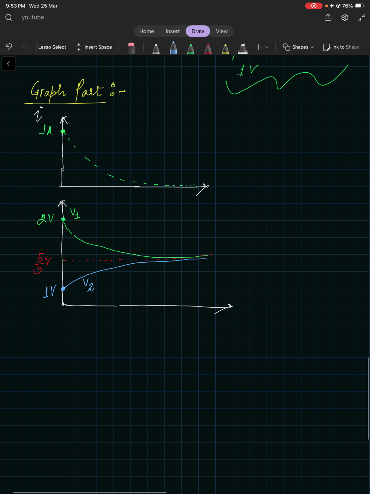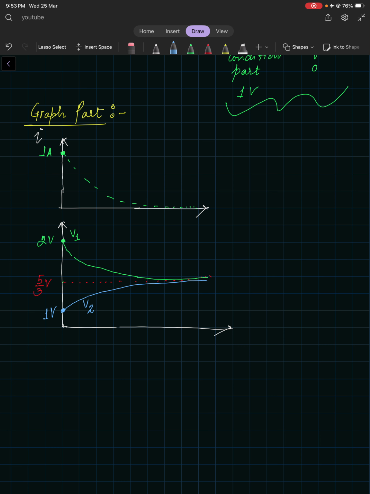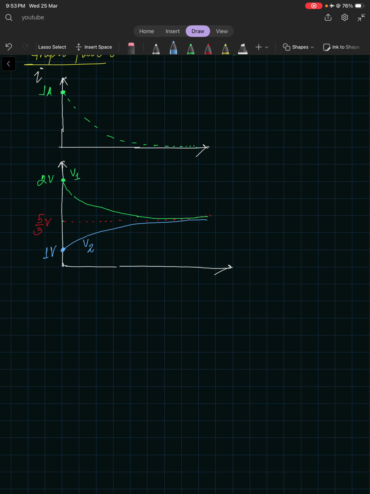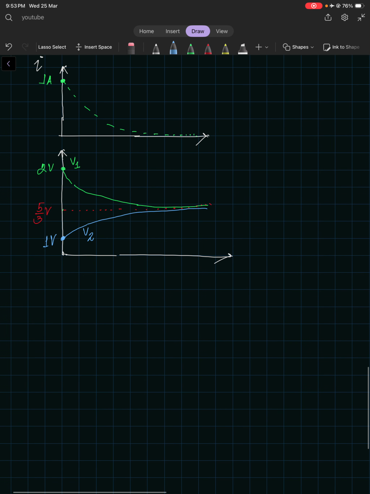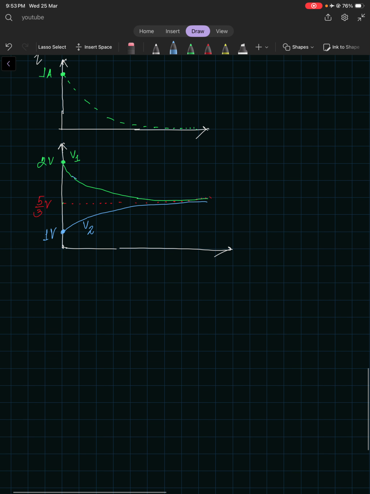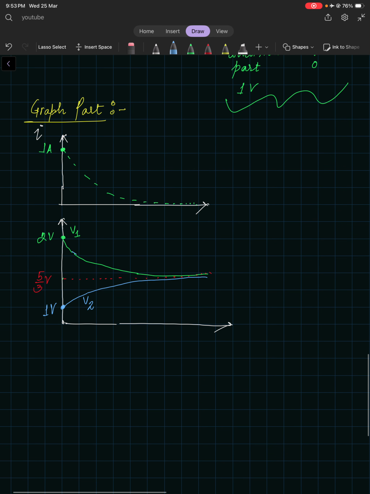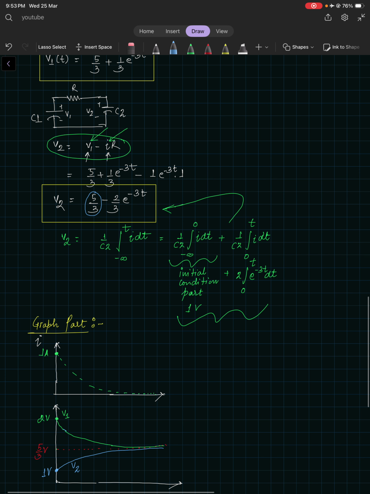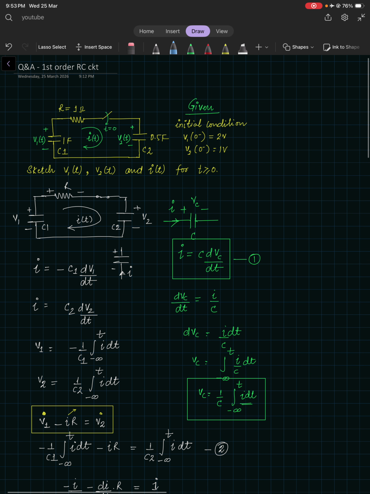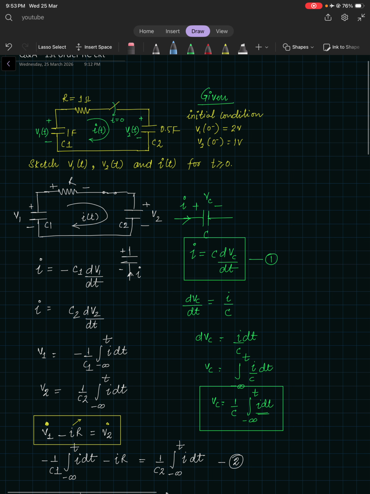In the previous lecture also, at last I told you that this is how the response of the first order system looks like. It will start from some value and it will end at a certain value. So the first way to solve is to take a subjective approach.